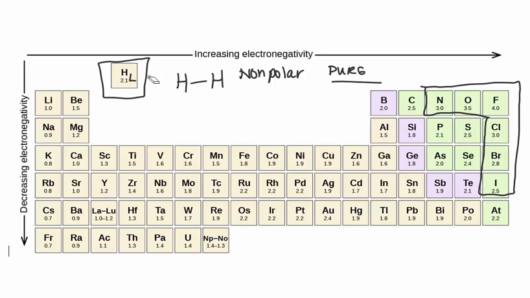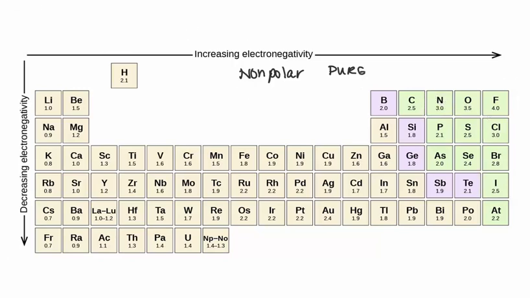Now we have quantized these values, and because we've quantized these values, we actually will define that a nonpolar or a pure covalent bond is going to have an electronegativity difference, so the absolute value of the electronegativity difference, that will be less than 0.4. We consider that a nonpolar bond.